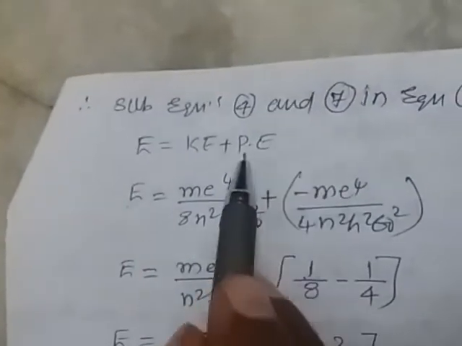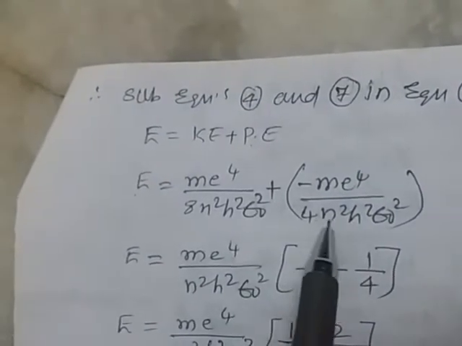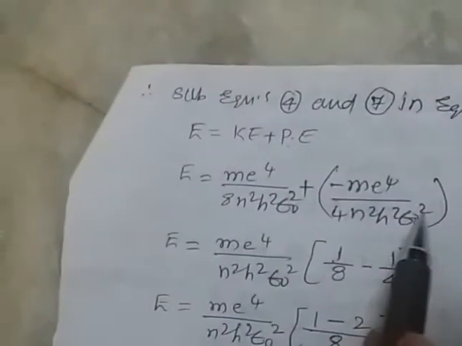We get the total energy E equal to Ke plus Pe, kinetic energy plus potential energy. So kinetic energy is m e to the power of 4 by 8 n square h square epsilon naught square plus potential energy, which is minus m e to the power of 4 by 4 n square h square epsilon naught square.